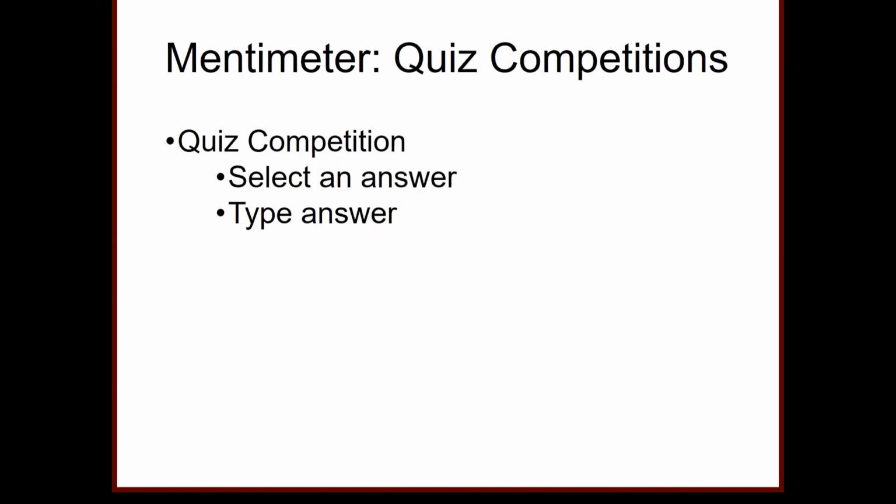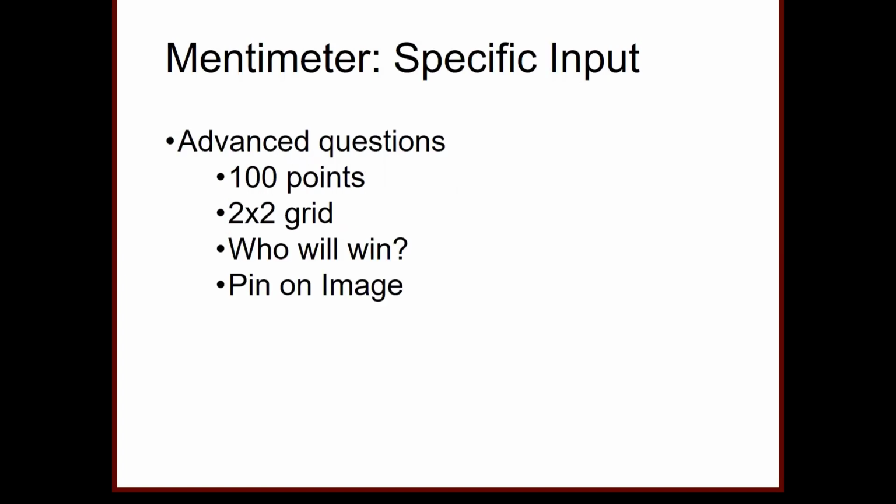There are 2 formats for the quiz competitions, and that is a multiple choice where they select an answer, or they can type in an answer, depending upon how you set that up. And then lastly, we have advanced questions. They're looking for specific input. Advanced question slides allow the presenter to collect specific input from the audience.